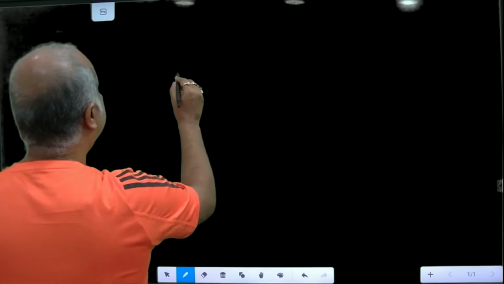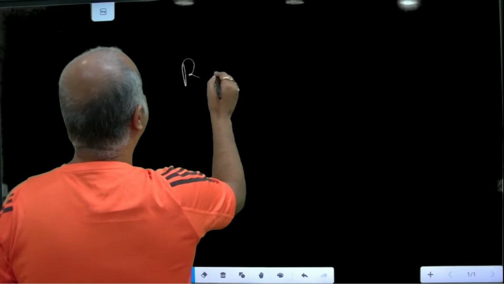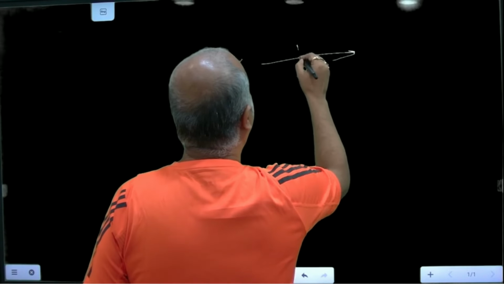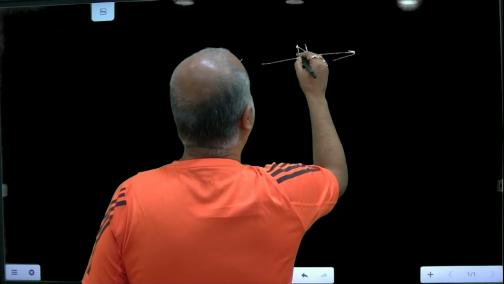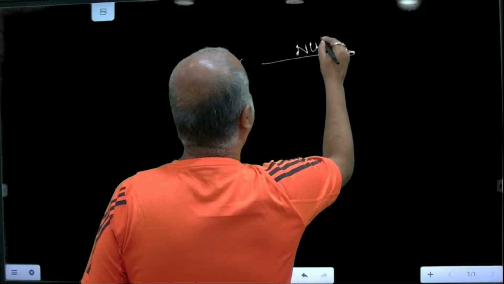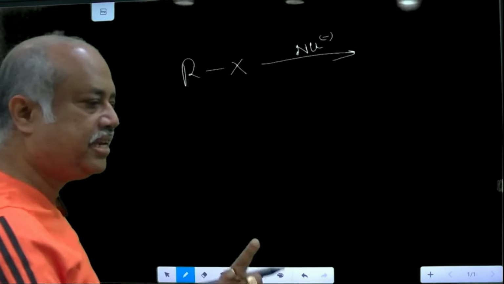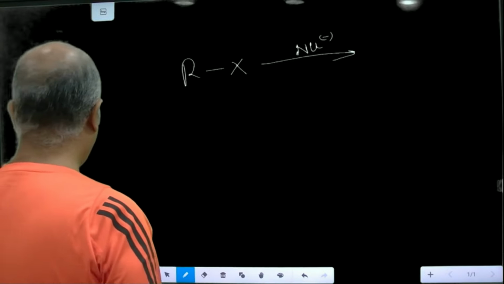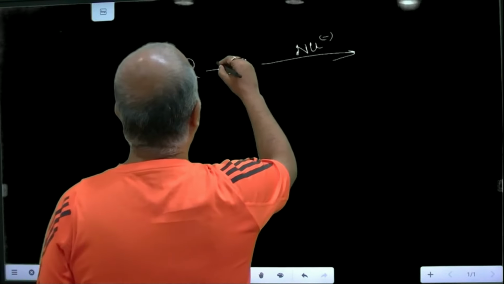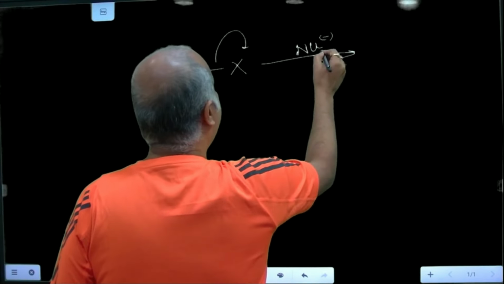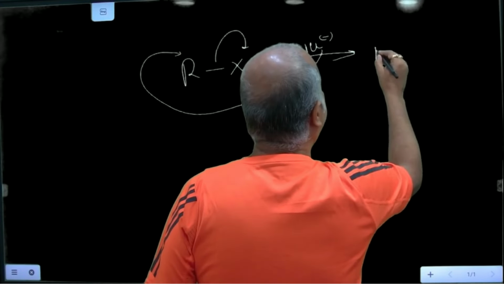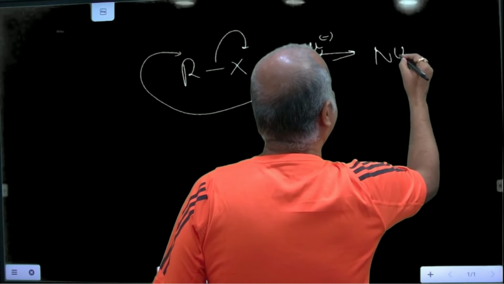Effect of solvent here. This is the alkyl halide and this is the nucleophile. That is a one-step process. Leaving group departure and attachment of the nucleophile can take place simultaneously.